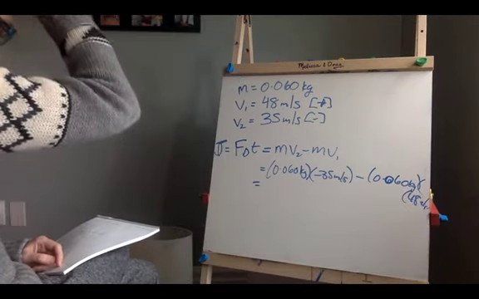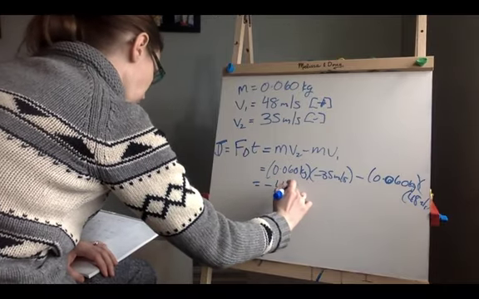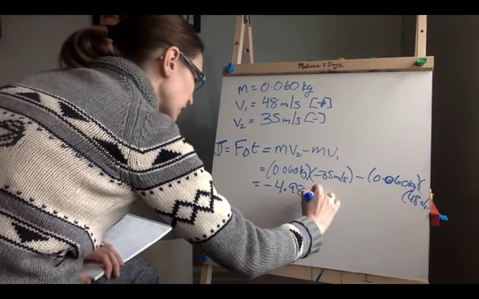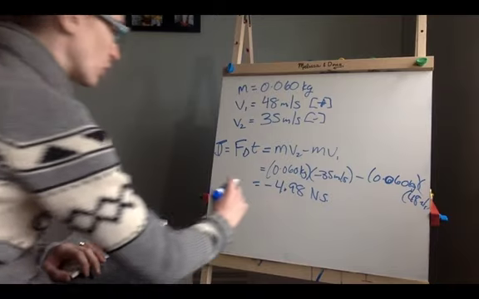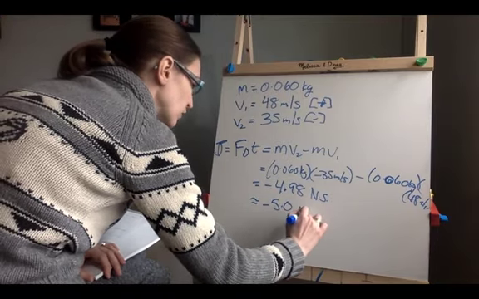So you evaluate that, and what you get is negative 4.98 Newton seconds. Okay, and sig figs, it looks like we only get 2, so we'd actually have to round that to just minus 5.0 Newton seconds.